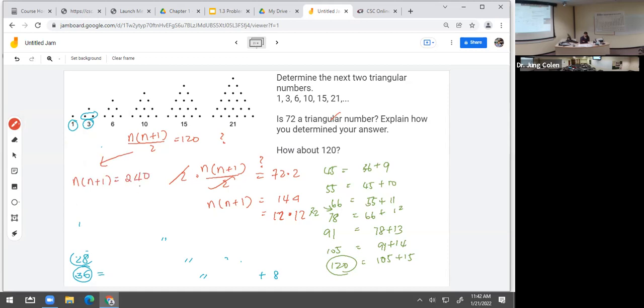240. So I'm going to find the factors for 240 to find whether one is greater than the other by 1. So I see this is 24 times 10. Of course, the difference is not 1. So I'm going to think about a different way. If I keep doing that, it will be 2 times 12. And this is 2 times 5.